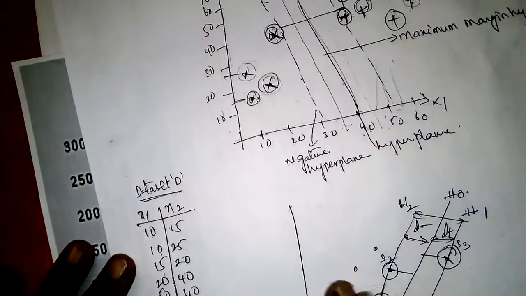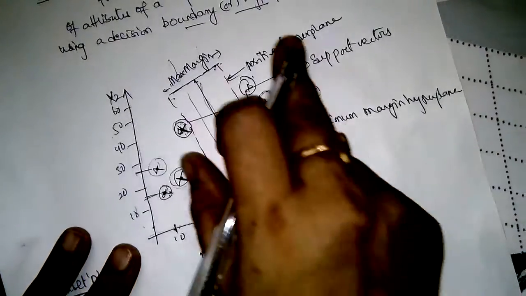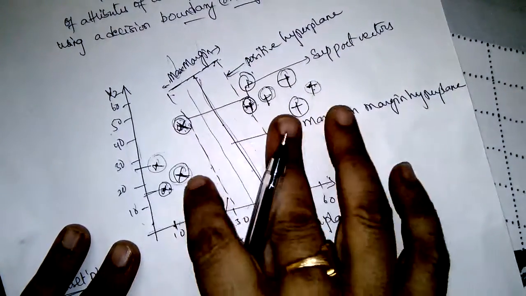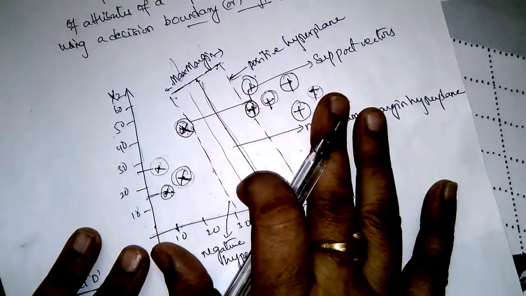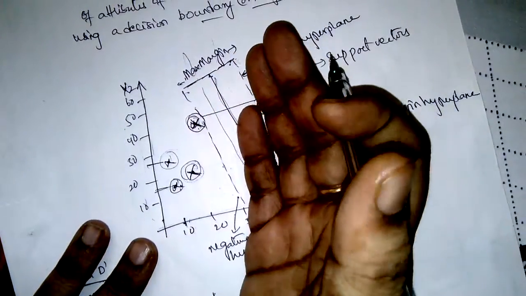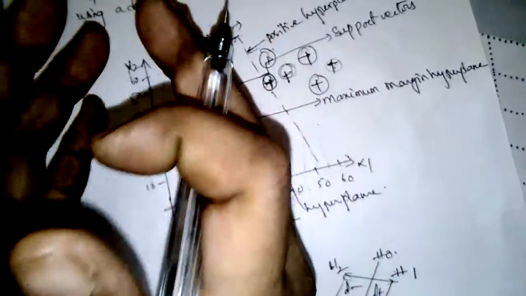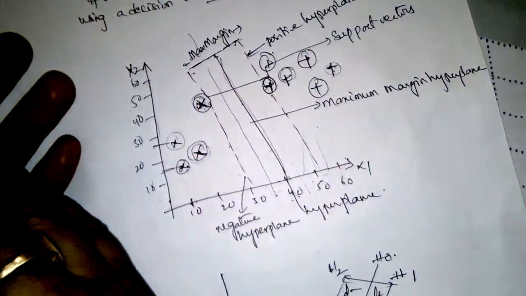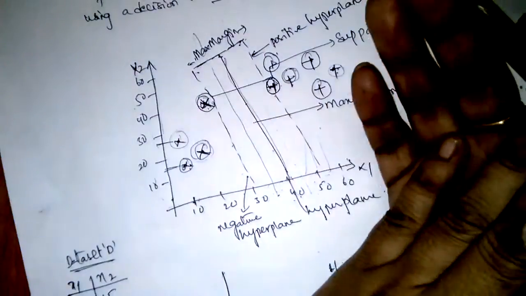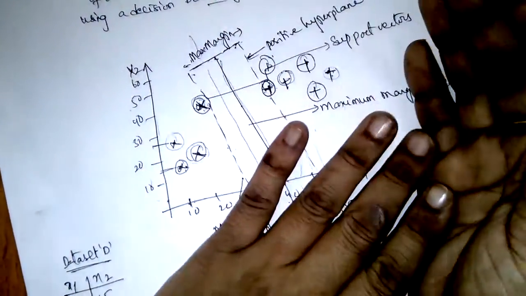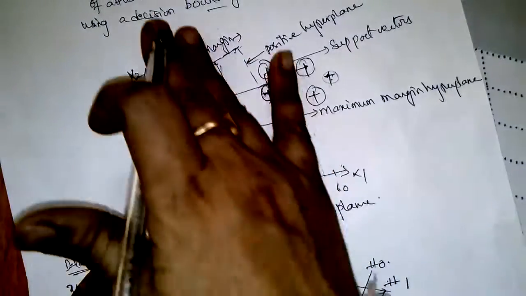After plotting the data in n-dimensional space, we have to divide it. If all the data belonging to the same class are on one side, then we can separate this data linearly.